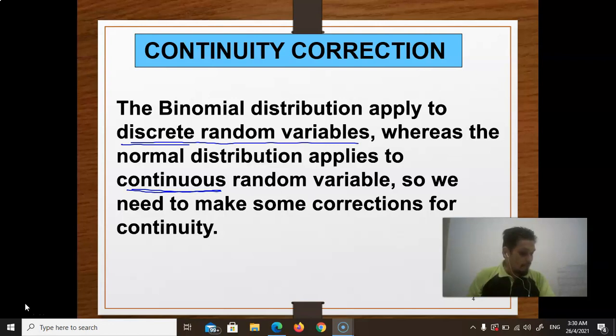Poisson and normal approximation, you read by yourself here to understand that.